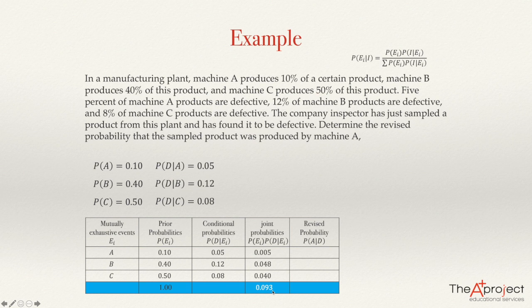0.093. Then using the formula for the revised probability, the probability of A given D, in this case, will be the probability of A times the probability of D given A, divided by the sum of the joint probabilities.